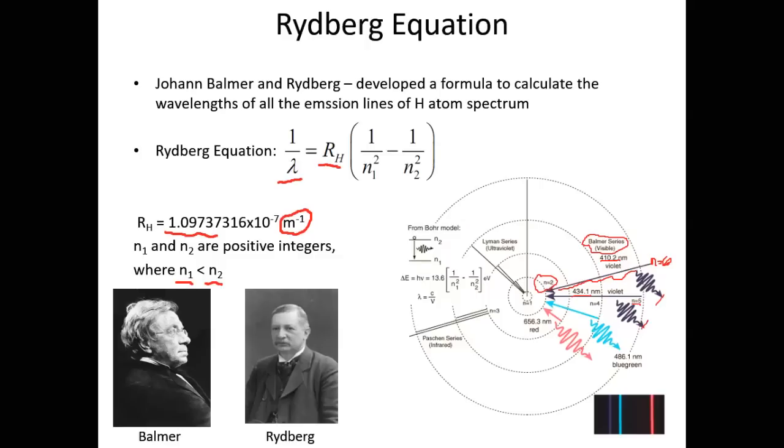Then n equals 4 to n equals 2 is a blue-green photon with a wavelength of 486. Again, the smaller the difference in energy levels, the greater the wavelength. And the last one, n equals 3 to n equals 2, is a red photon. So for the Balmer series, the final state is n equals 2.